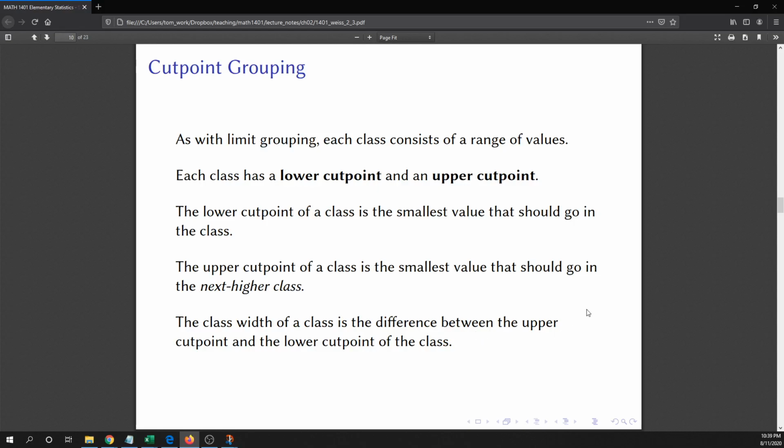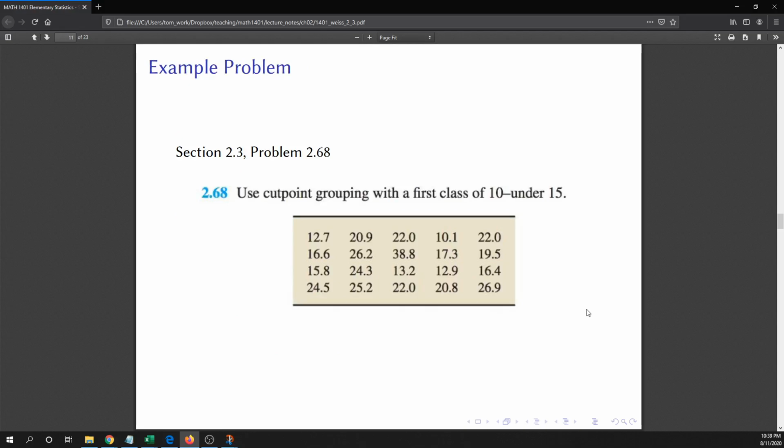All right, let's take a look at how this would go. All right, and we're going to look at problem 2.68. It says use cut point grouping with a first class of 10 to under 15.